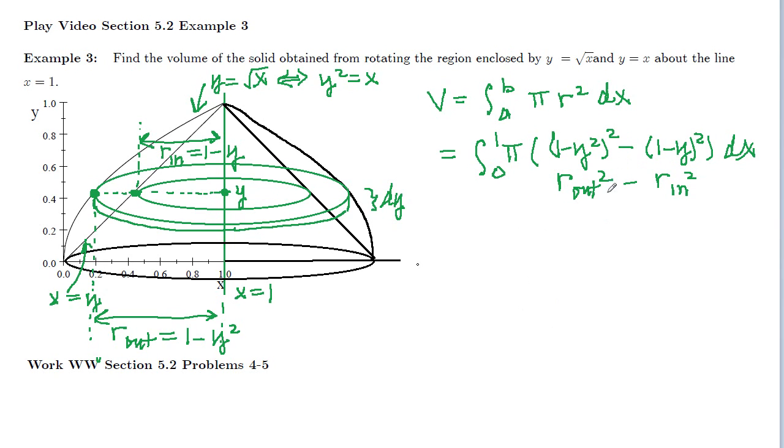And now we just need to multiply this out and do a power rule. So let's factor that pi out of the integral. So pi integral 0 to 1. And then 1 minus y squared, squared. So that'll be 1 minus y squared times 1 minus y squared. So first term's 1. Outer term's negative y squared. Inner term's negative y squared. That's negative 2y squared. And then last term's y to the 4th.